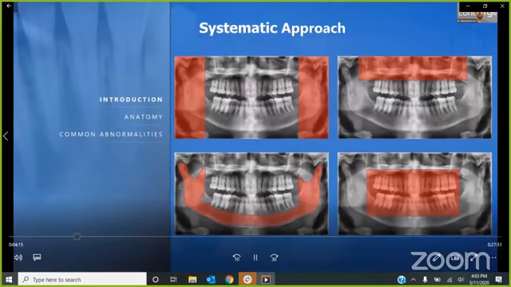So I often talk about the systematic approach. What is the best way to look at a cone beam CT? You become more and more efficient at it if you use the same system every time. And like I said, my personal favorite is the coronal view. So if you imagine, we can all do radiology reports. It's what you find as your comfort zone or your area of interest that you're going to do it or not.